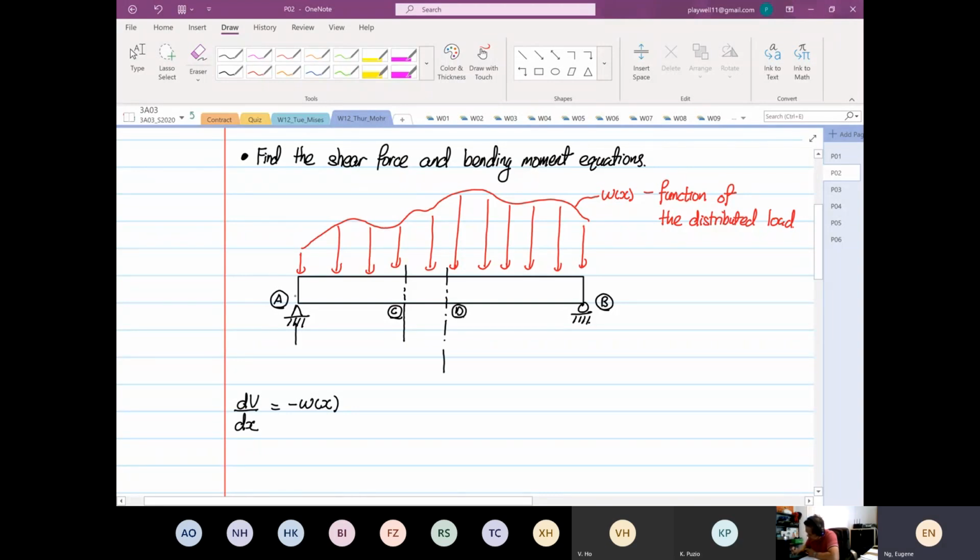So the datum will always be on the left hand side of the structure. So that's our datum. The distance from here to here is x_C, and the distance from here to here is x_D.